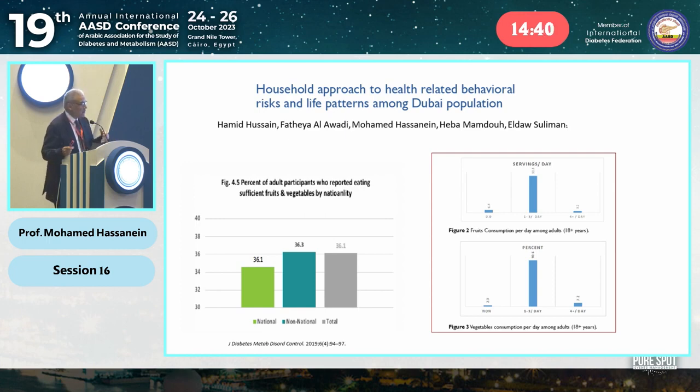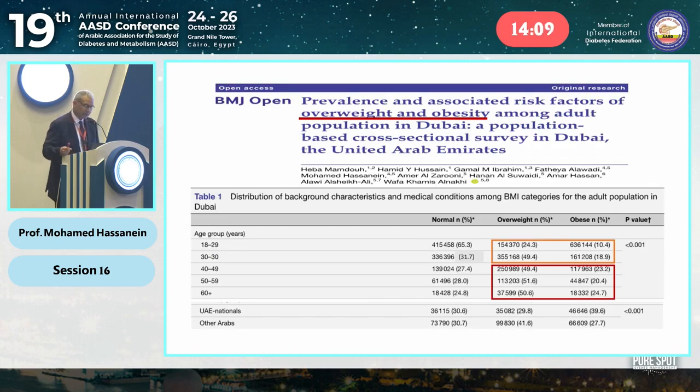Nowadays, it's full of rich carbs and fast food, and consequently, when you look into the percentage of fruits and vegetables in the diet of people, in general, this is not just people with diabetes, this is the community of a city such as Dubai, and I can tell you it is no different than what I see here as well. So when you look into the numbers of 5 servings a day, whether for fruits and vegetables, you will find that the majority are not having it on a daily basis.